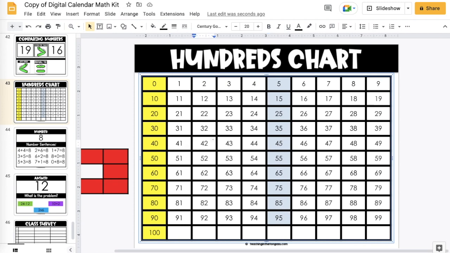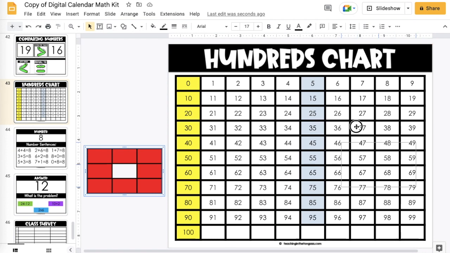Starting at 41, 42, 43, 44, 45, 46, 47, 48, 49, 50, 51, 52, 53, 54, 55, 56, 57. Moving on, starting at 88, counting back by ones, 87, 86, 85, 84, 83, 82, 81.